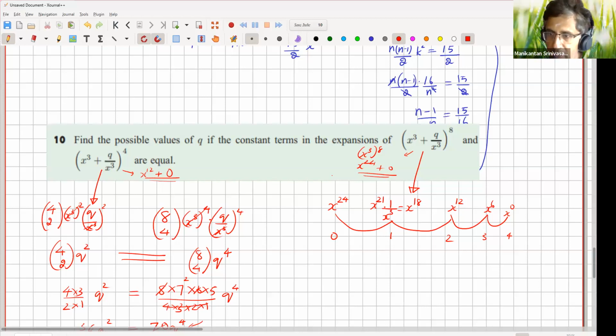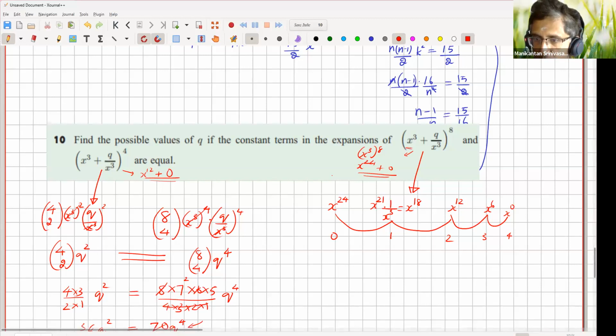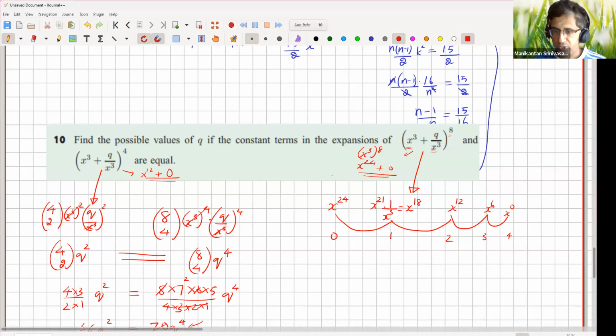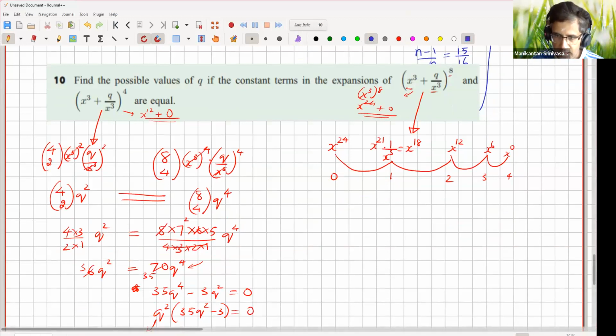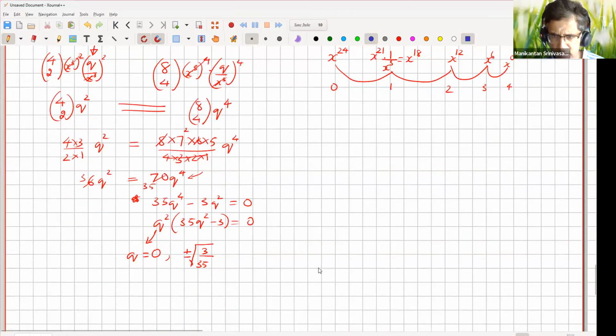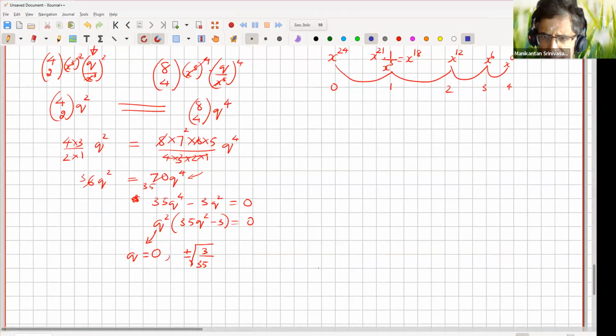Okay, now, because these were small numbers, x cubed plus q by x cubed power 8, I could literally traverse one by one and figure out it was the fourth term, counting from 0. But we don't have to go through this every single time, right? For example, in another question, in fact, can we do this very quickly for practice maybe?